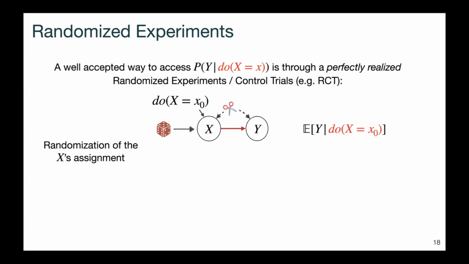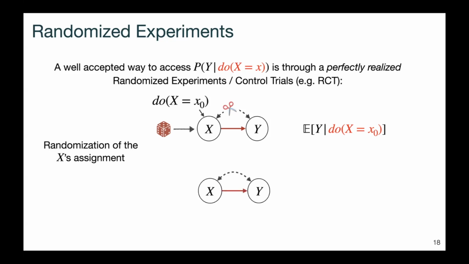This diagram represents the system that has been manipulated. And if you collect the data from this, and then you estimate the probability distribution and get the expectation for this group, you have exactly this quantity here, which is the expectation of Y given do X equals X0.